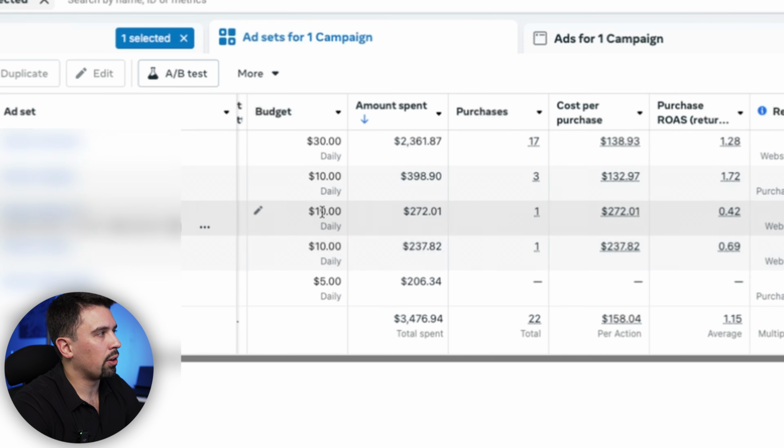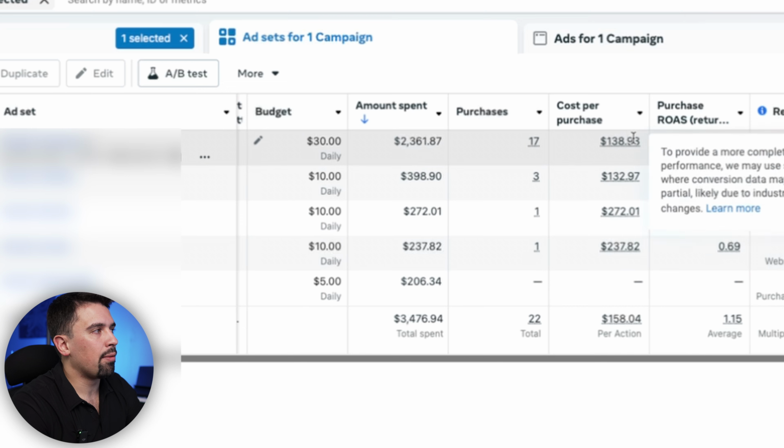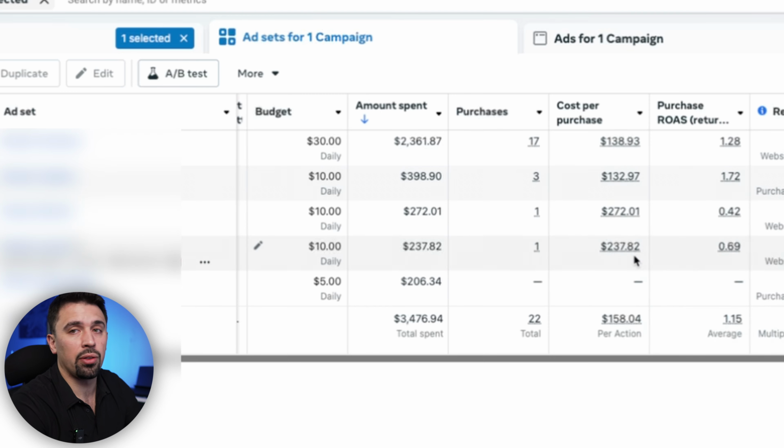$30, $10, $10, $10, $5 a day. And if you look at the average cost per purchase here, $138, $132, $272, $238 here, it became glaringly obvious why this wasn't working. They didn't have sufficient daily budgets for their ad sets.